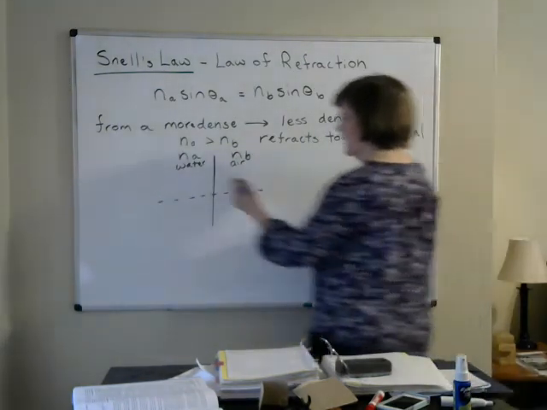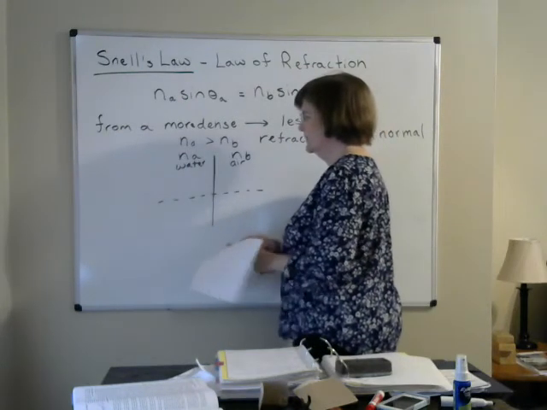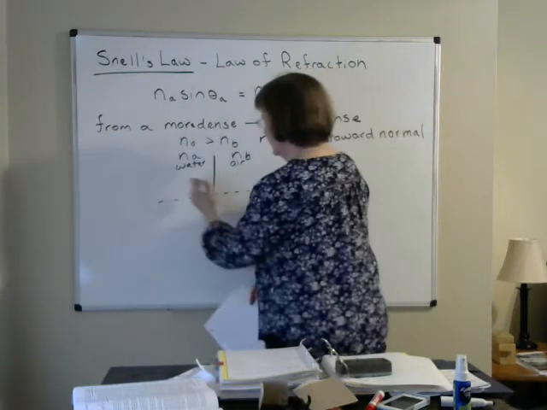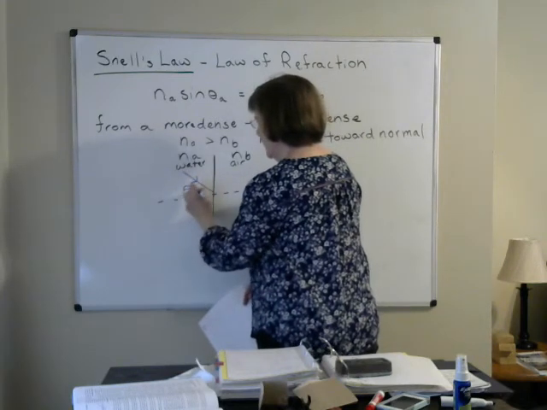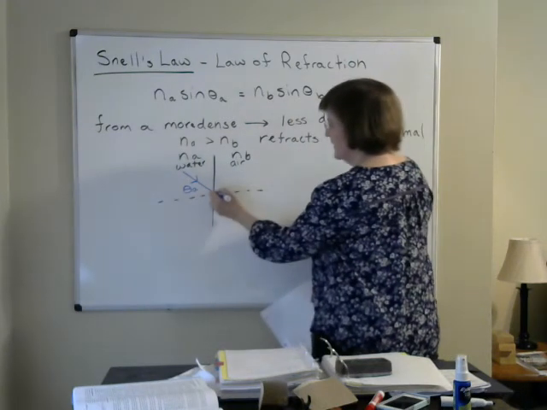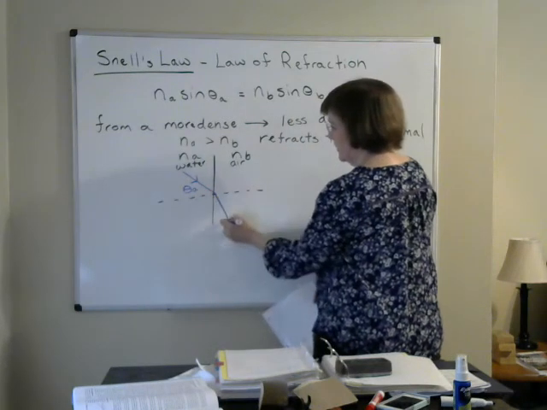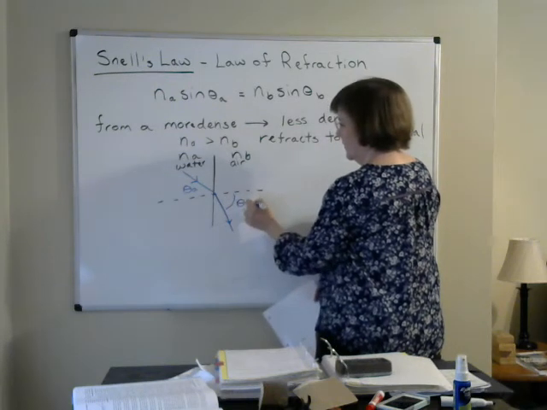Then if I come in, and I'll come in again at about 45 degrees, there's theta A. But this time, since I'm moving into something that's less dense, my refraction will actually bend away from the normal.